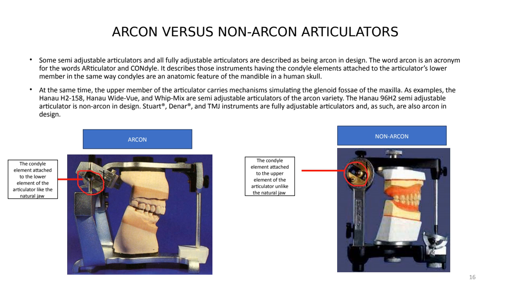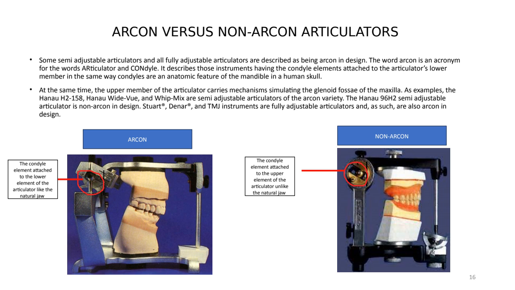So the Arcon articulators are the articulators where the lower part of the articulator is moving, and that's more accurate, because that's exactly how we have our jaw, right? When we talk, when we eat, the upper jaw doesn't move, it's the lower jaw that moves, right? So the Arcon articulators are the more correct and more accurate, because the lower part of the articulator mimics exactly our lower jaw, how we move it.